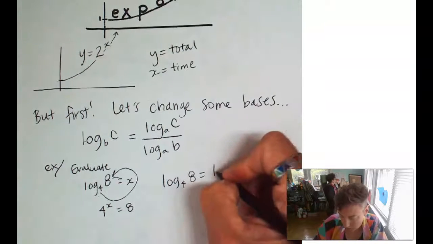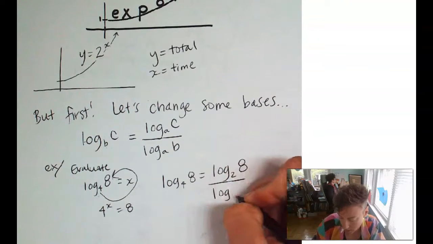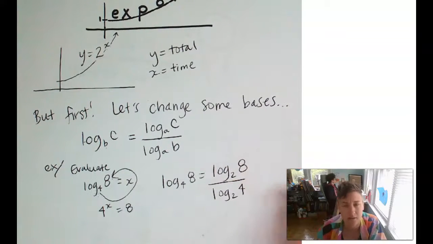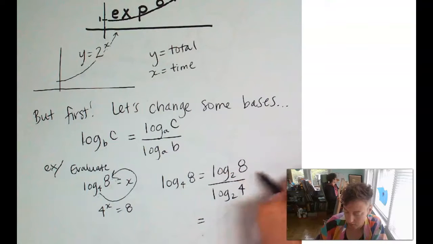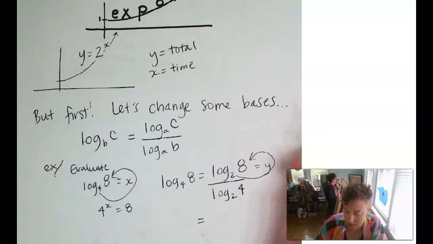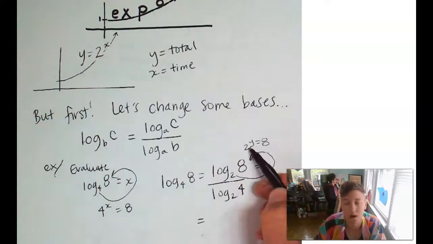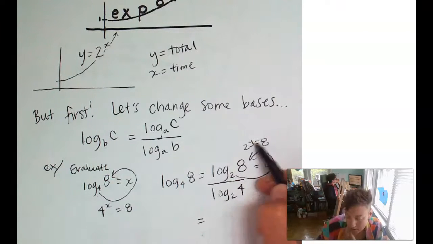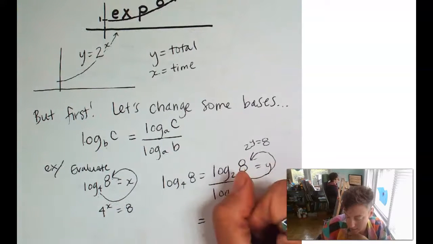So this becomes log base 2 of 8 over log base 2 of 4. And again, let's just convert to exponential really quick. 2 to the y equals 8. That means y equals 3, meaning that log base 2 of 8 equals 3.